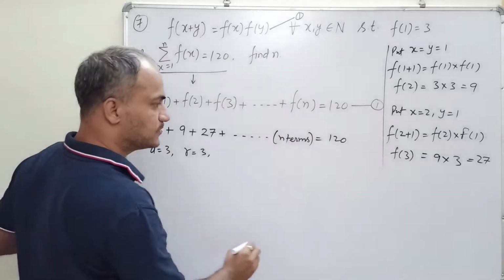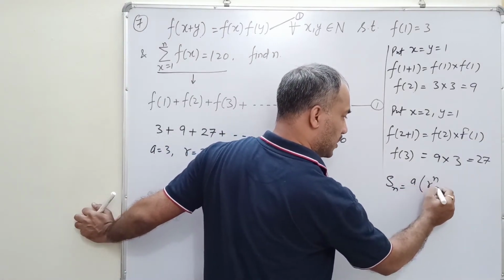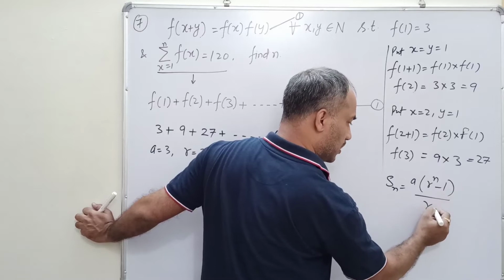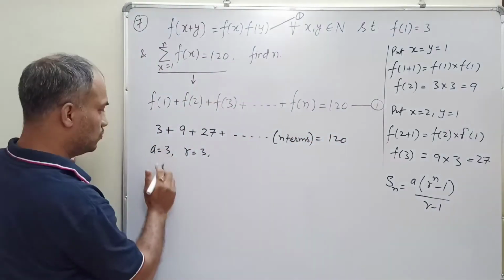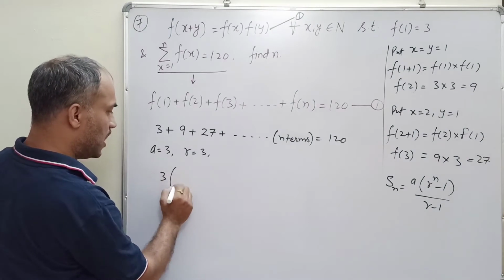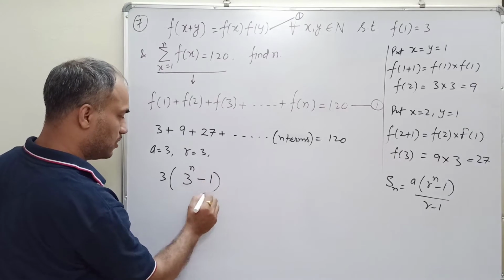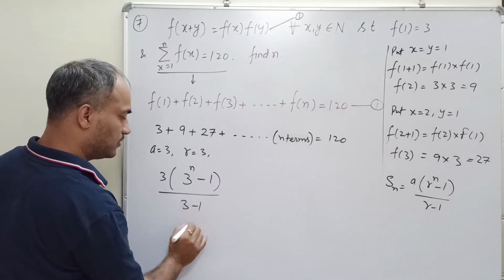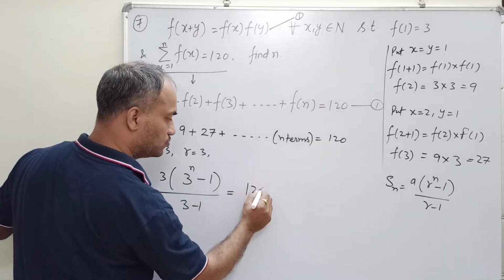The formula is Sn equal to a(r^n minus 1) upon (r minus 1). This is the formula for the sum of n terms of a GP. Here a is 3 and r is 3, so 3(3^n minus 1) upon (3 minus 1). This is the sum, and this value is given as 120.